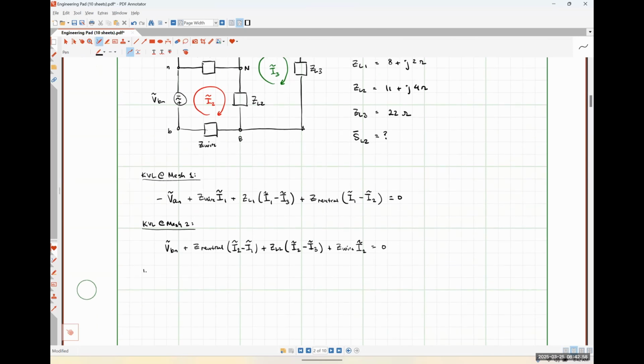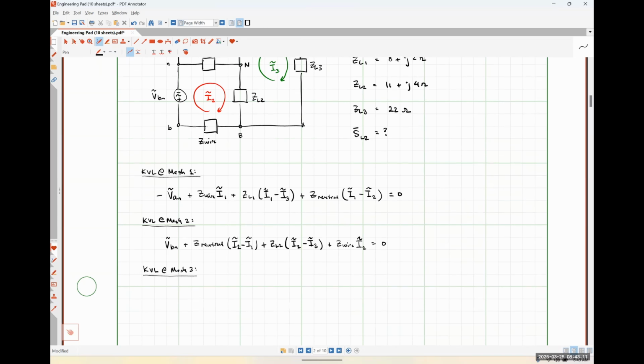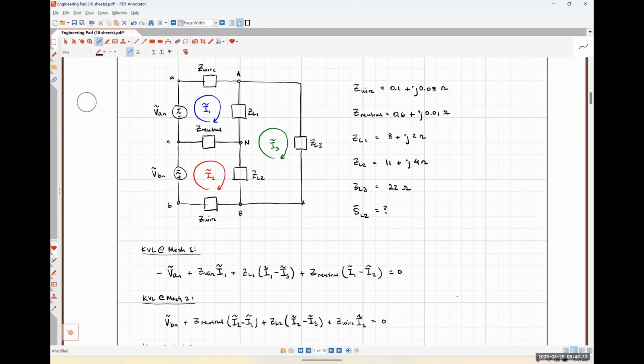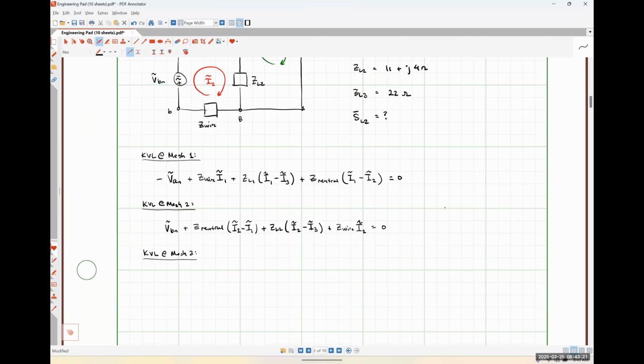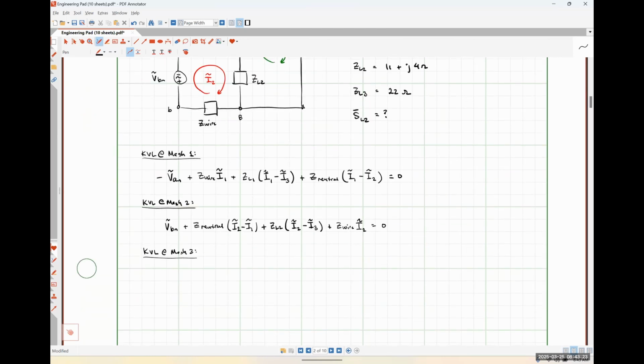And then lastly, we have our KVL at mesh 3. So starting from the bottom left-hand corner, what's the first thing that we should have? ZL2. And what will the current for that impedance ZL2 be?